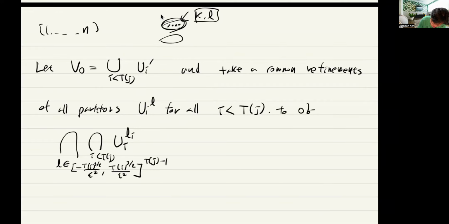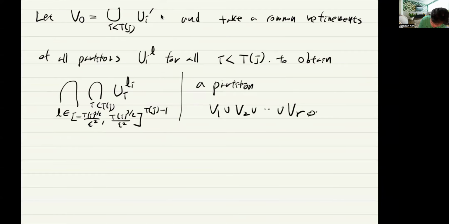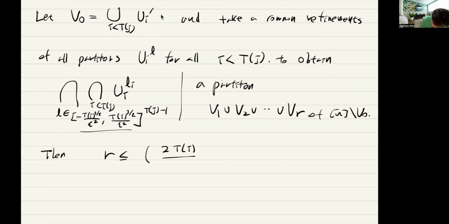Then let's say the final partition is a partition B1, B2, up to BR of all the things outside of B0. Then, if R is at most, so this is 2 times T to the i, epsilon square, 3 over 2.